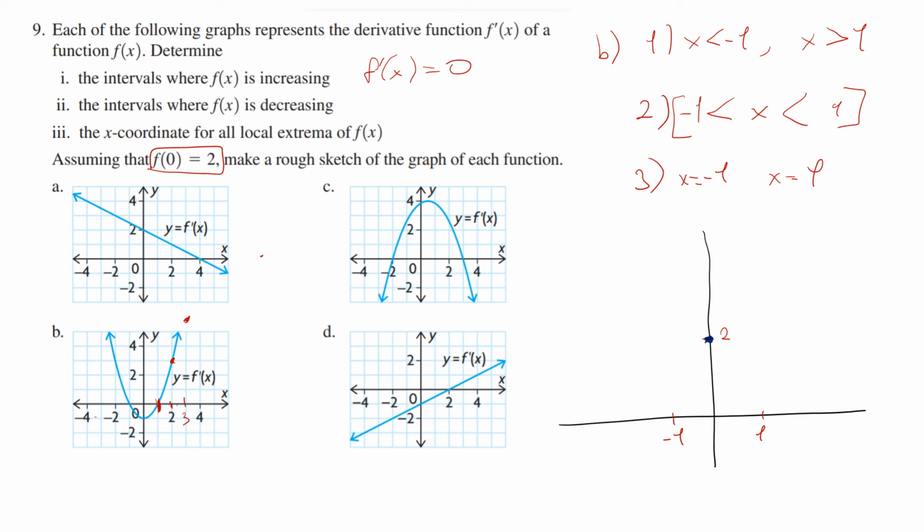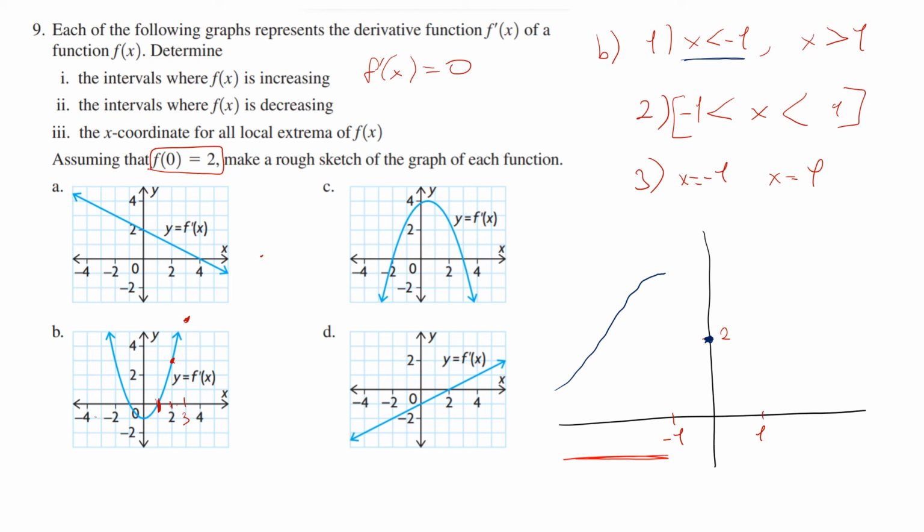So I'll start from the left side when I have a value smaller than -1. And I see that when it's smaller than -1, my function is increasing. So I'll start from somewhere and just go up, right? And I know at x equaling -1, I have a local extrema, so probably a maximum.